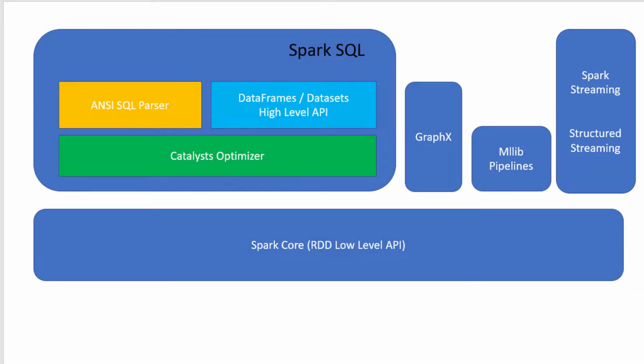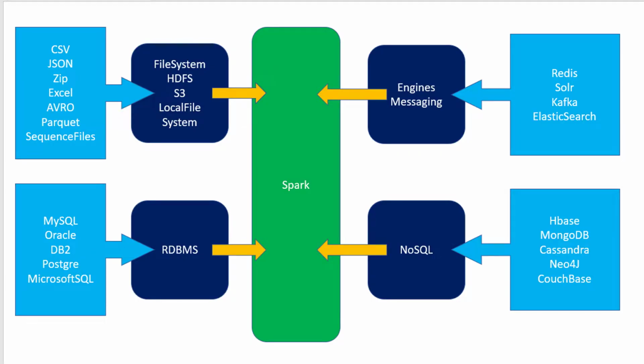And for all this type of processing, we need the data to be available within Spark. Spark can get the data from various sources, like a file system, an RDBMS, a NoSQL database, any messaging system, or any data engine. It can read the data as well as write the data.